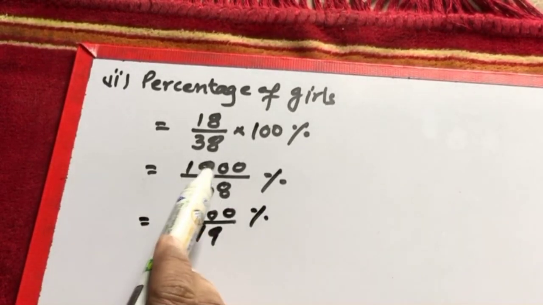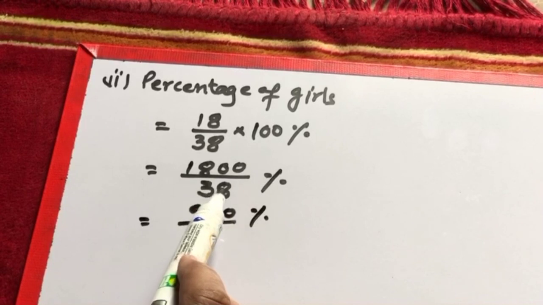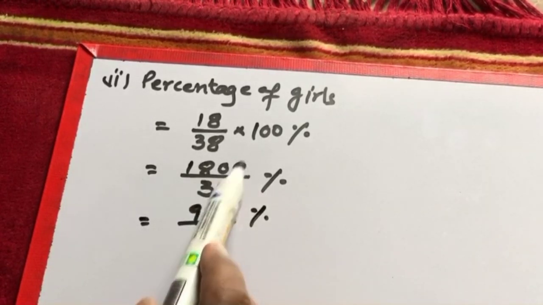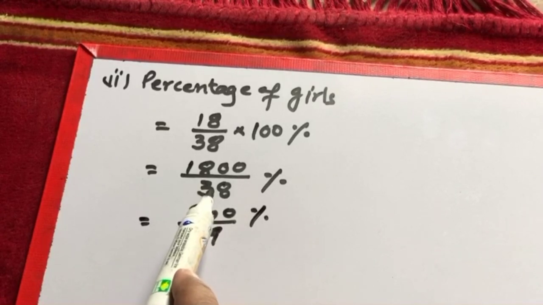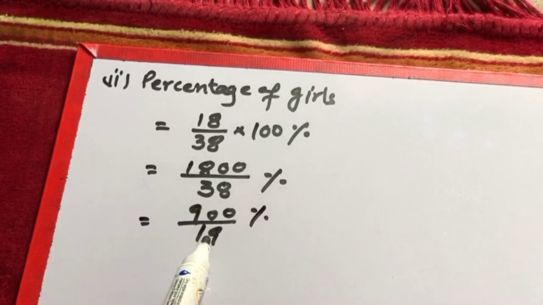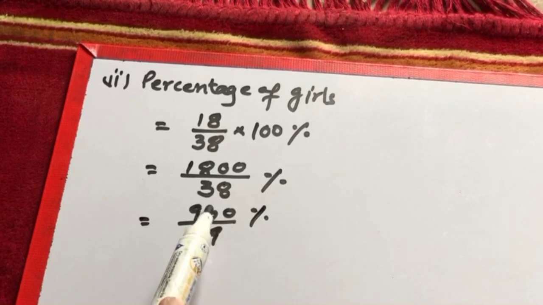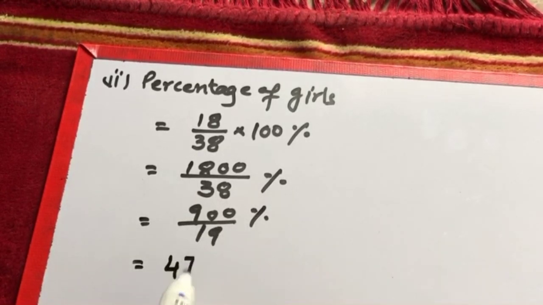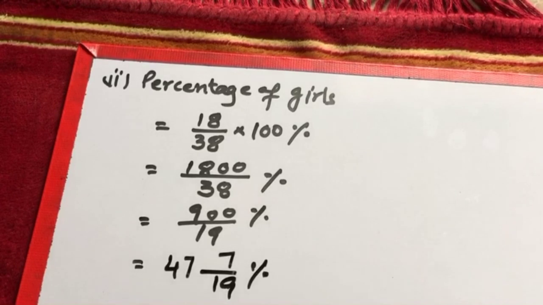By dividing 1800 by 2, we will have 900, and by dividing 38 by 2, we will have 19 in its denominator. Now it is an improper fraction. If we convert it into a mixed number by dividing 900 by 19, then we will have 47 whole 7 by 19%. So this is the percentage of girls.